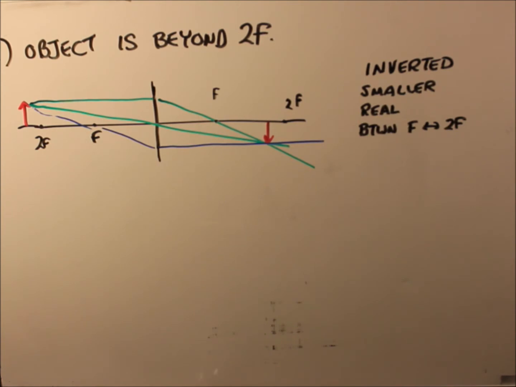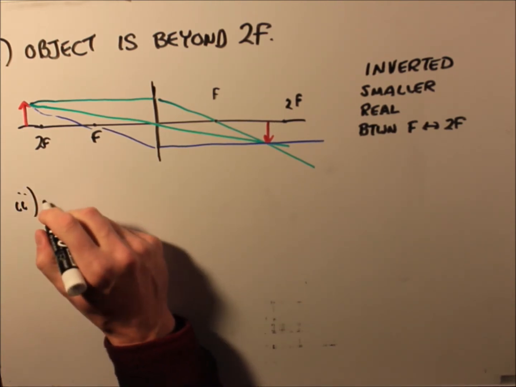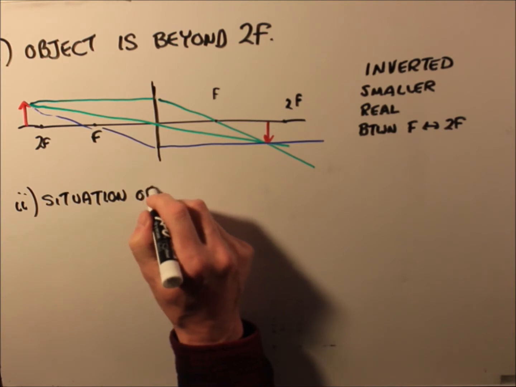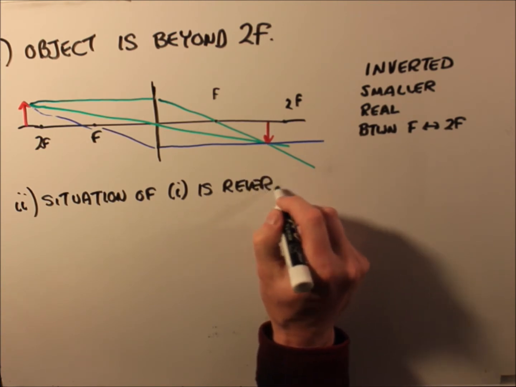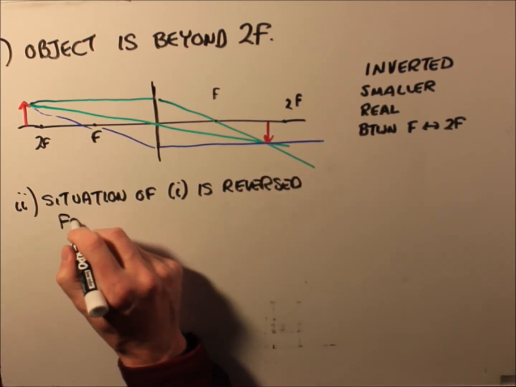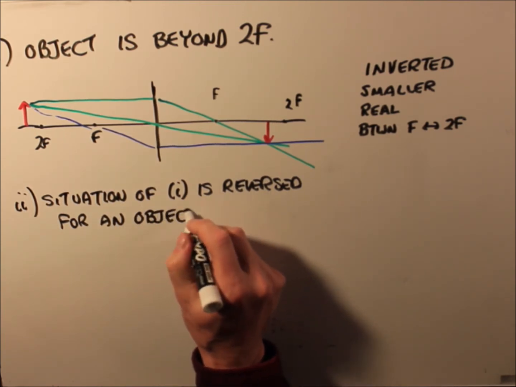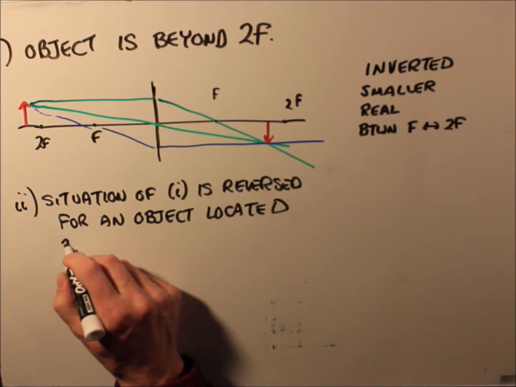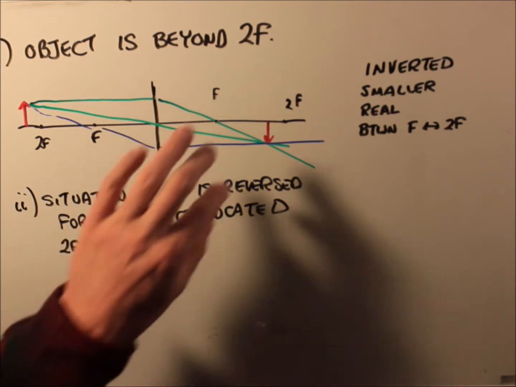One of the nice things about this situation is that these are reciprocal. So the situation of item 1 is reversed for an object located between 2F and F. We can see this here.